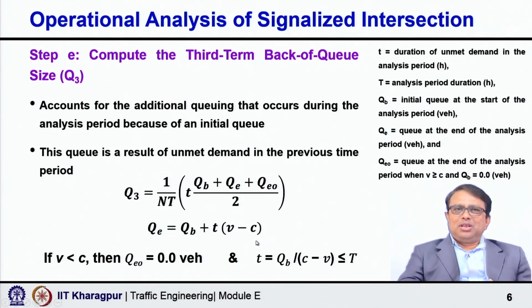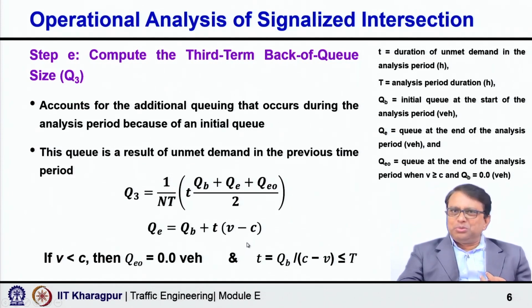Sometimes V may be greater than C, sometimes V may be lower than C. So this V minus C term could be positive, could be negative, could be 0 as well. All possible situations are there.